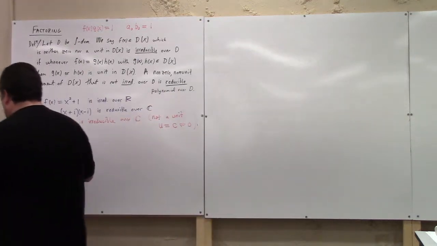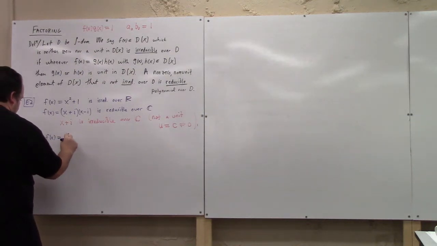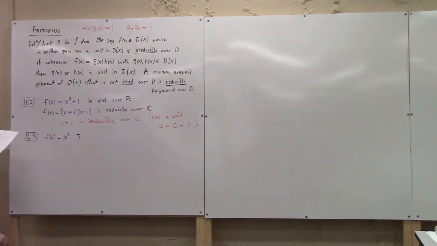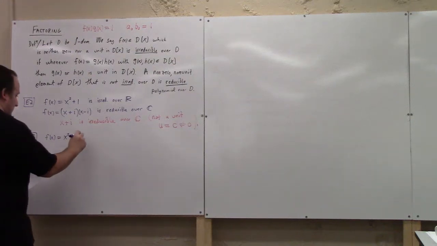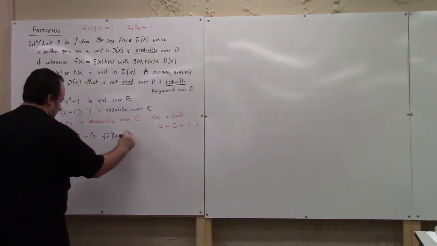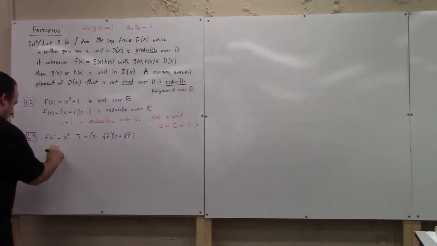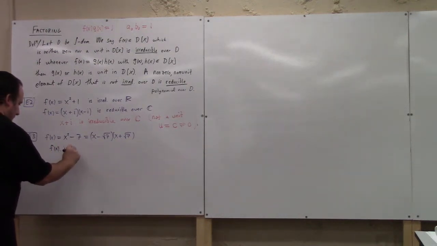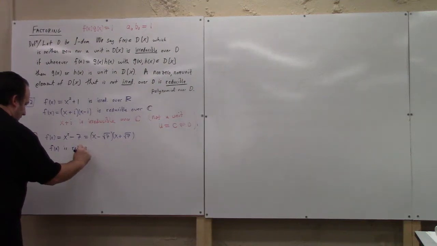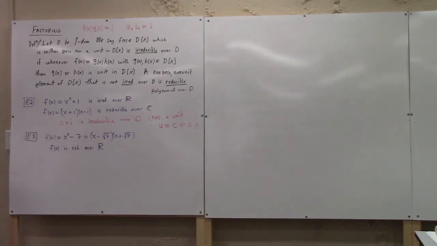Another example, we could look at f of x equal to x squared minus 7. Of course, you can factor this as x minus the square root of 7 times x plus the square root of 7. So this f of x is reducible over the real numbers. It's also reducible over the complex numbers because the square root of 7 and minus the square root of 7 are also complex numbers.